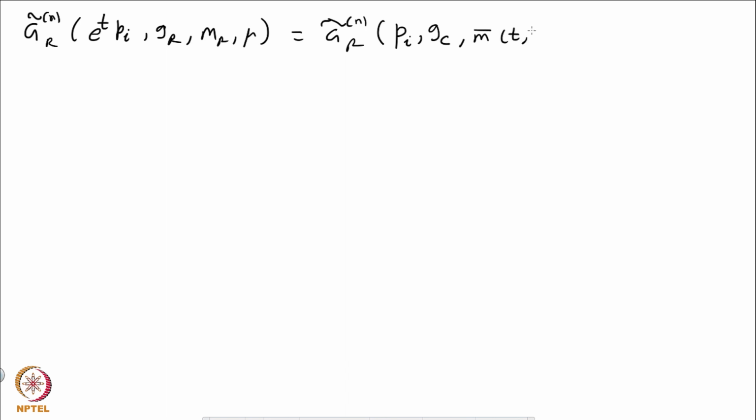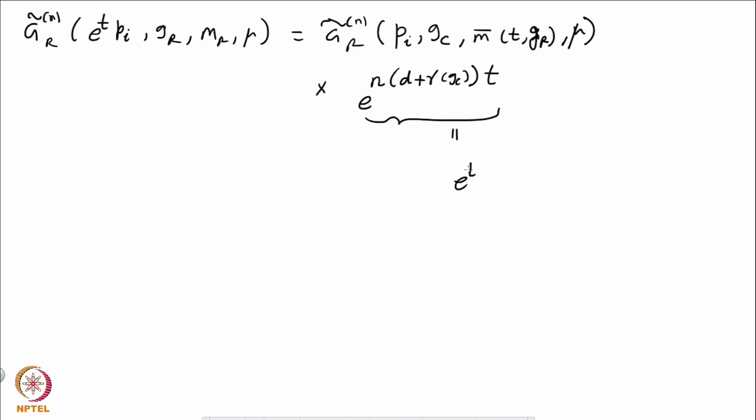Then m bar times this exponential factor which we just found out, and this factor I can write as e to the t n d plus gamma at gc.